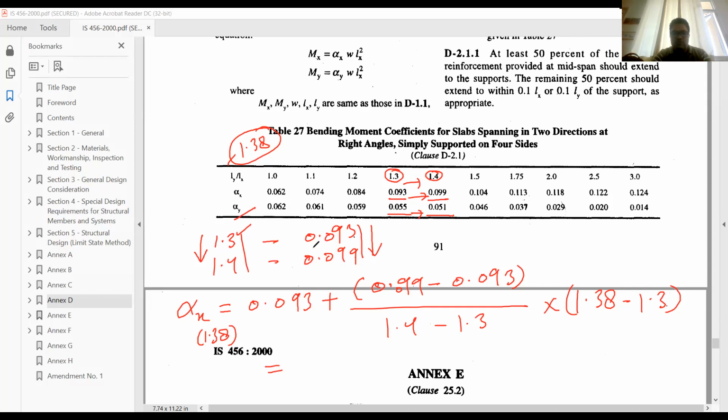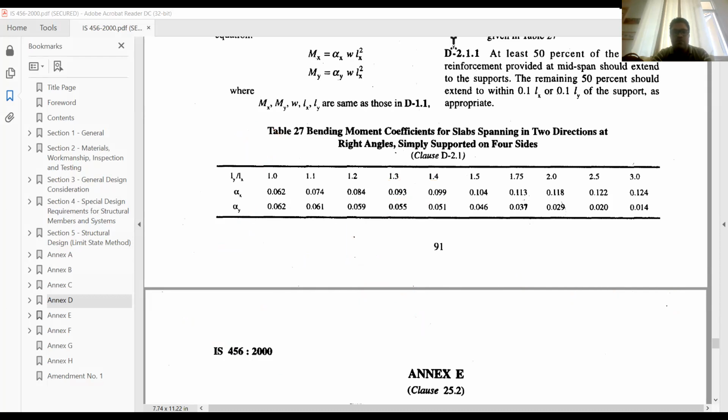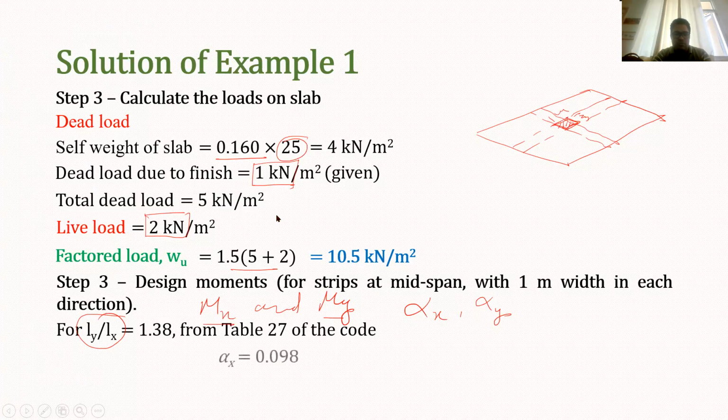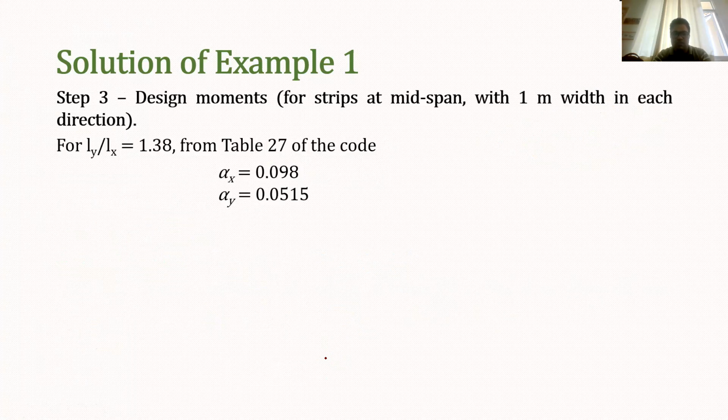So by solving this we get alpha x and alpha y. So now again moving to the slide. By solving this we get the alpha x value as 0.098 and alpha y as 0.0515.